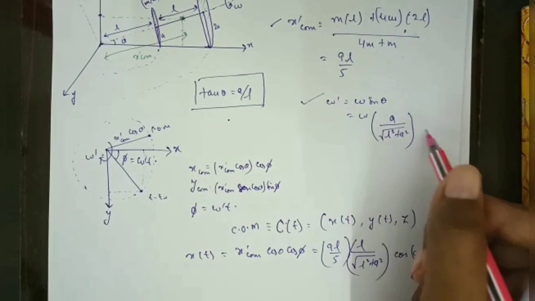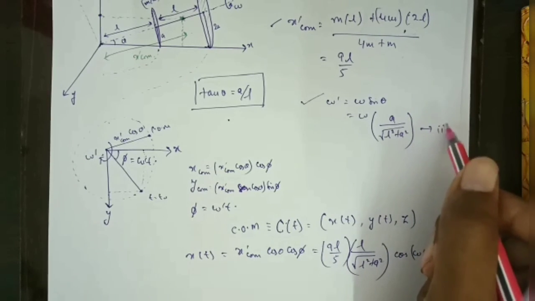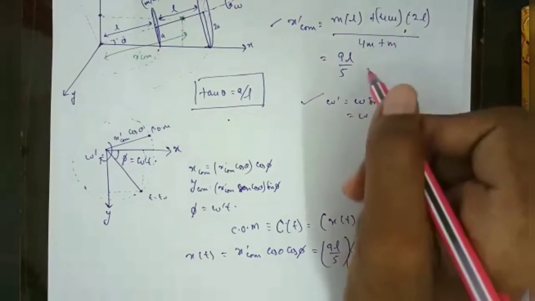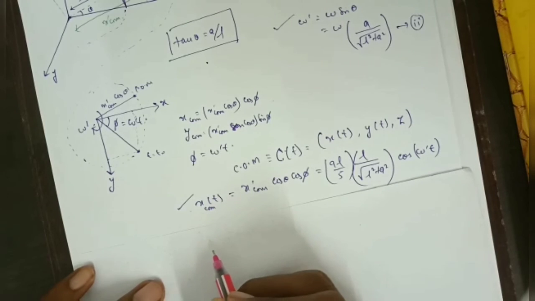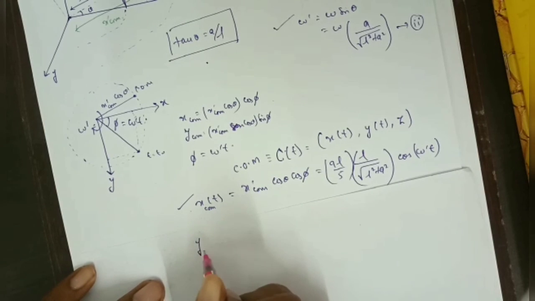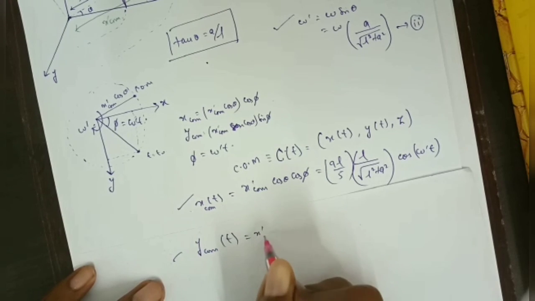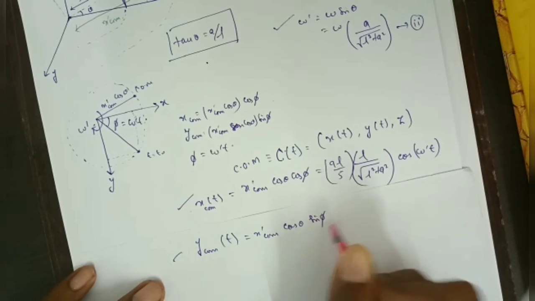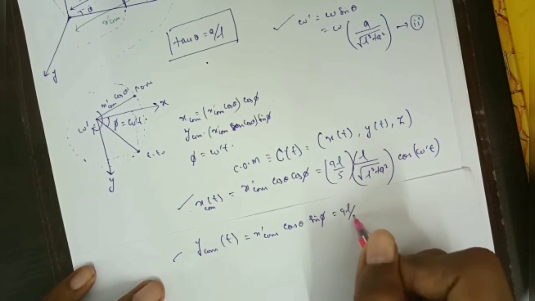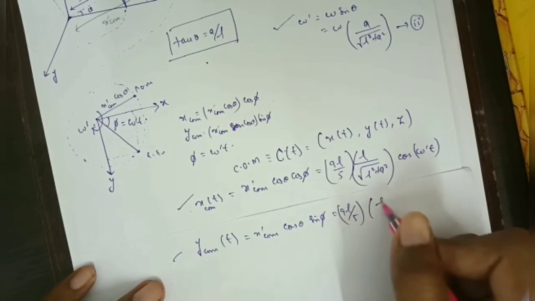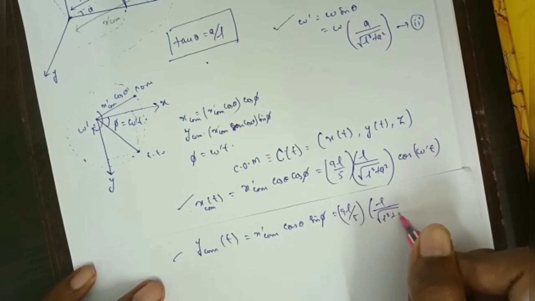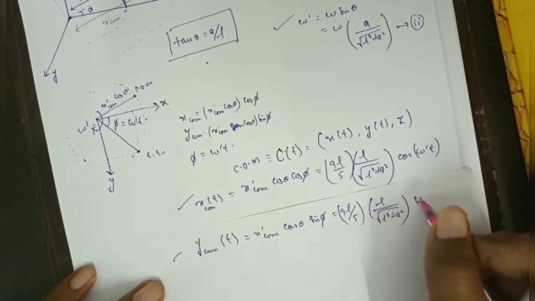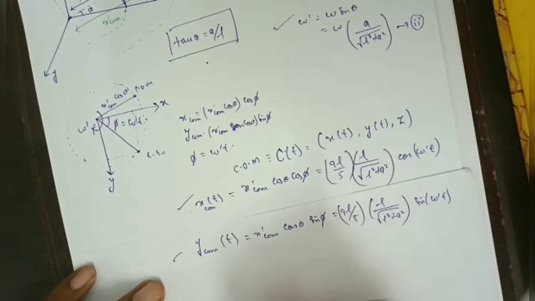Now for y COM as a function of time we write x prime COM cos theta sin phi, that is 9L by 5 times L by root under L square plus a square times sin omega prime t.